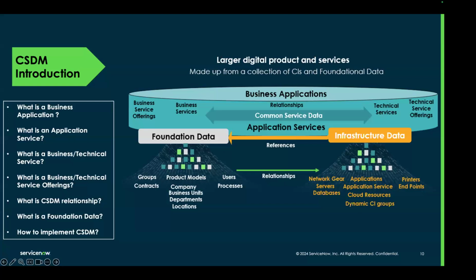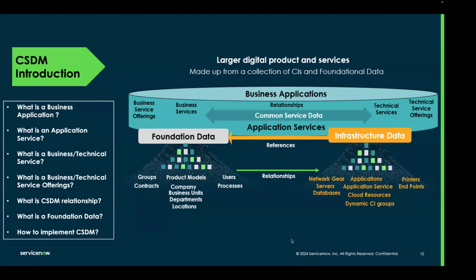In addition, from both the application and product servers, you reference foundational data. Foundational data is basic, like user groups, CMDB groups, and basic location information, referenced from infrastructure CI and all services.